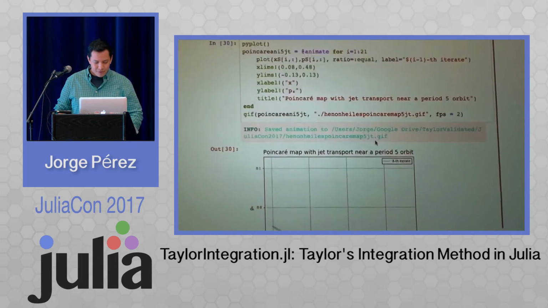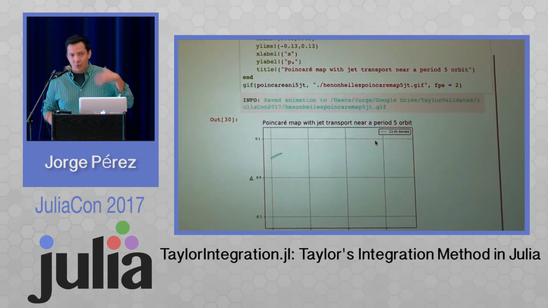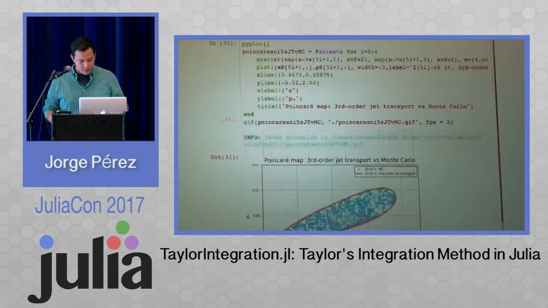So, yeah, that is implemented in Taylor series. Okay, so now I'm showing again the Poincaré map for the Hénon-Heiles system, but only this time we actually built this cloud of initial conditions using jet transport. And are they similar? Are they not? The Monte Carlo versus the jet transport? Well, let's see.